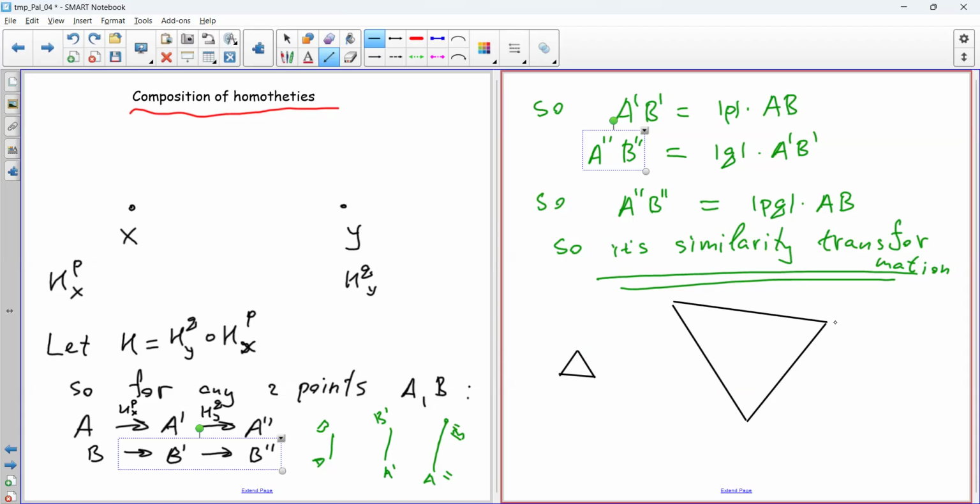So the only exception is if one of these two triangles can be obtained from the other by a translation, by a parallel translation.